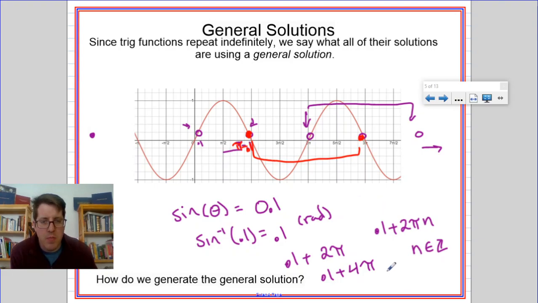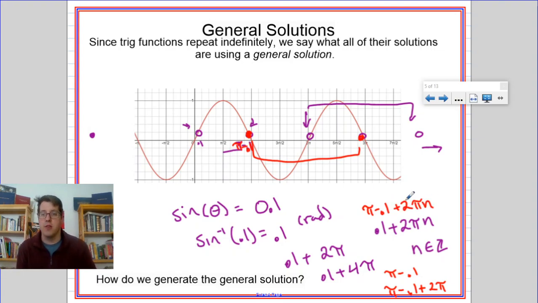So we've got pi minus 0.1, and we've got pi minus 0.1 plus 2 pi. So that would be 3 pi minus 0.1. So our general solution for that one would be pi minus 0.1 plus 2 pi n by the same logic.